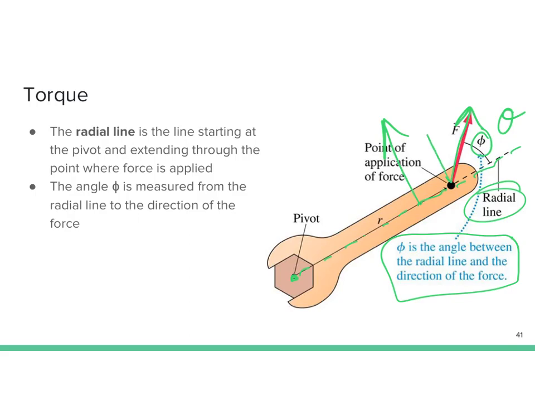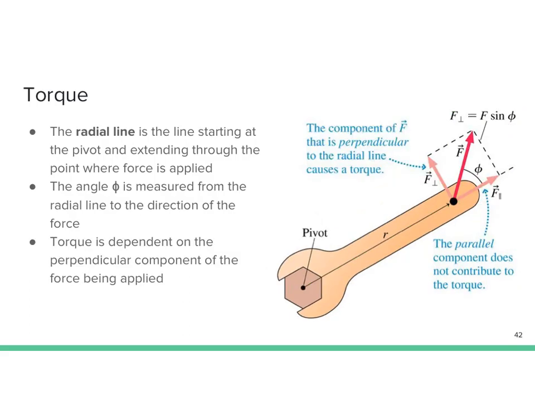So ideally, it's perpendicular. Anything less than perpendicular, and some component of our force will be lost because it's not in the direction of the rotation. So what I'm talking about is that if it's not straight up and down, that's the perpendicular component, that's the parallel component. And the parallel component is just wasted force, just like what we talked about with work before. So torque is dependent on the perpendicular component to the rotation.